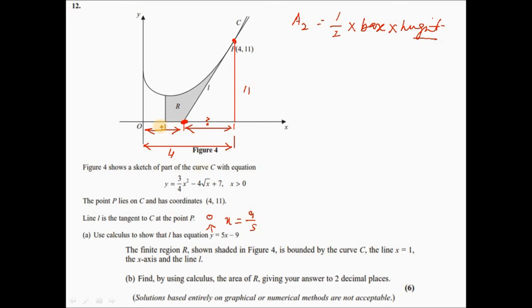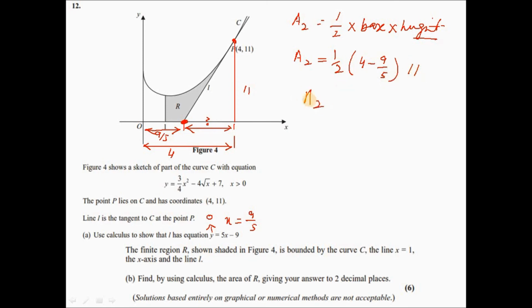This is the horizontal distance, 9/5. So A2 would be equal to half of base, where base is 4 minus 9/5, times height, and the height is 11.